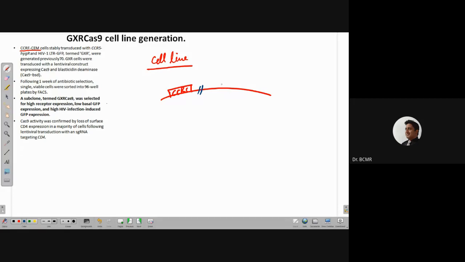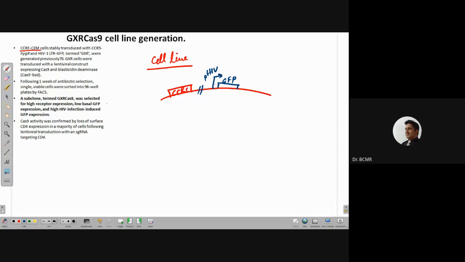They also have a GFP gene, and an LTR, the long terminal repeat of HIV. You can probably consider it as the promoter of HIV. Just take it like that.